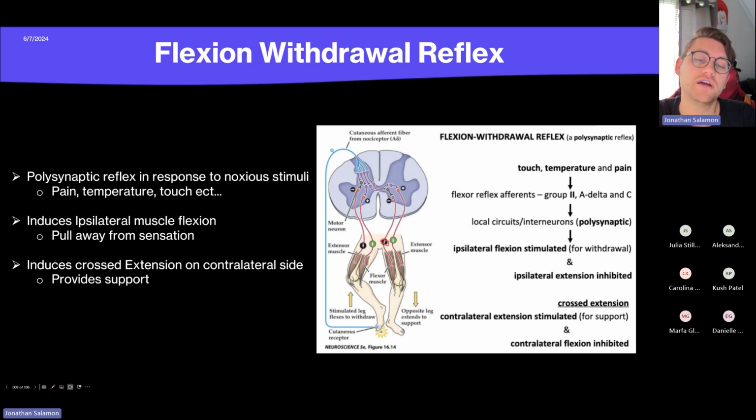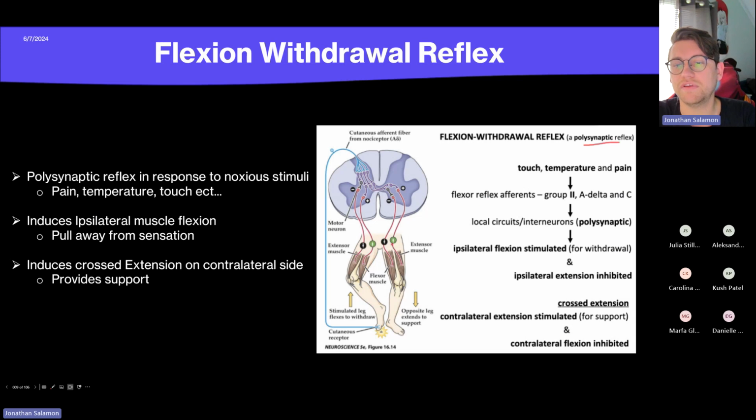So right flexor will contract, right extensor will relax, left flexor will relax, left extensor will contract, right? Not too hard to rationalize, but very important.